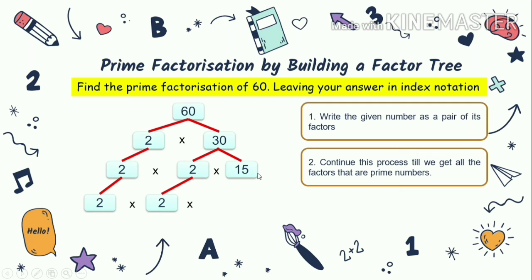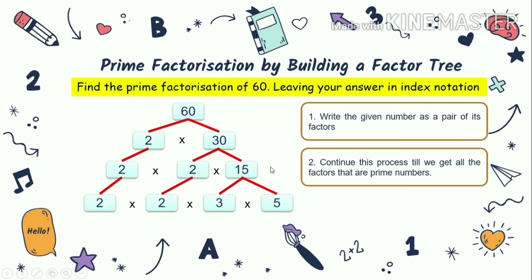Then 15 is made from 3 times 5. 3 is a prime number and 5 is also a prime number, so you can write 15 as 3 times 5. Then we have 2 times 2 times 3 times 5.